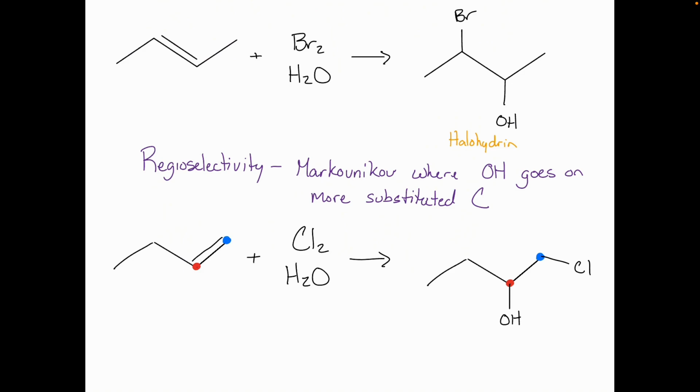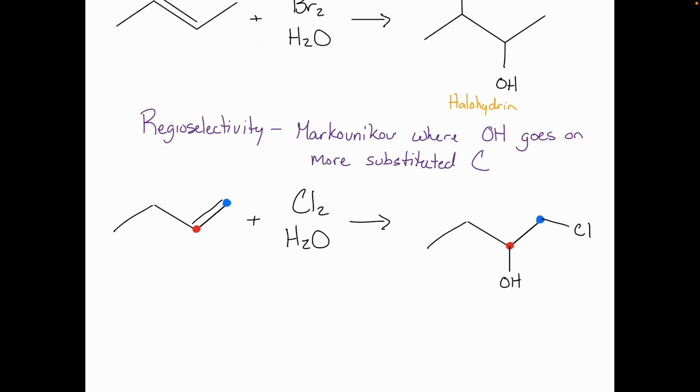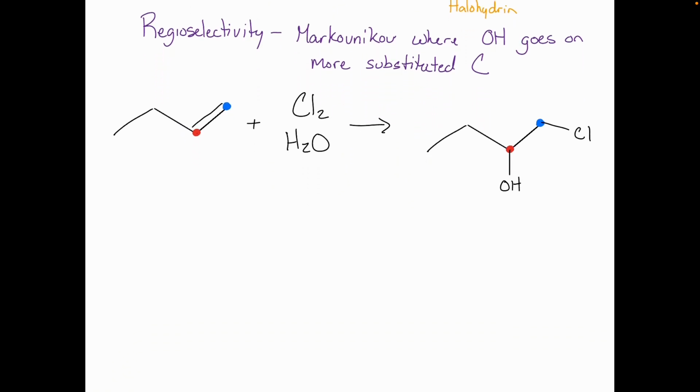All right, so similar to our hydrohalogenation reactions, we're going to have to think about the regioselectivity, making sure to put the OH group on the more substituted carbon. All right, but these reactions also have stereoselectivity.